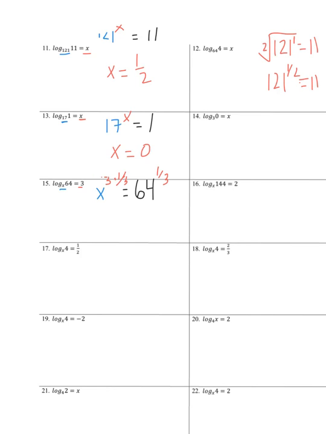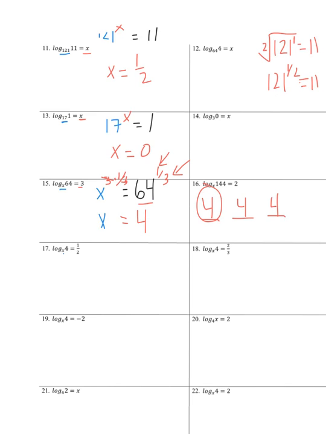And when you do that, these 3's will cancel out, and you're left with just x to the first, or just x. And 64 to the exponent 1/3 is 4. We know that because we need 3 of the same numbers that multiply to get 64, which is 4. 4 times 4 times 4. And we want just one of those numbers, so it's just going to be 4.